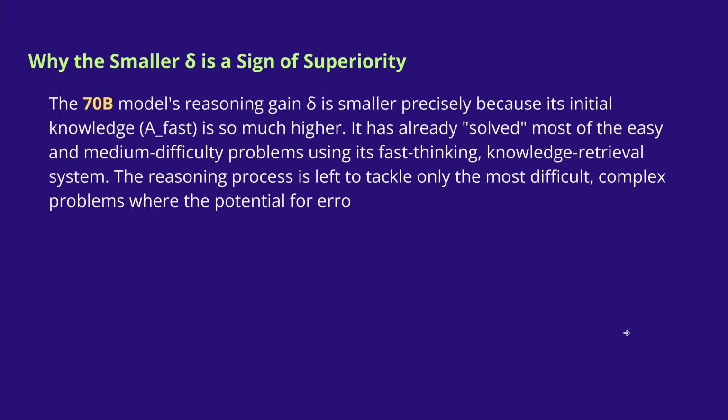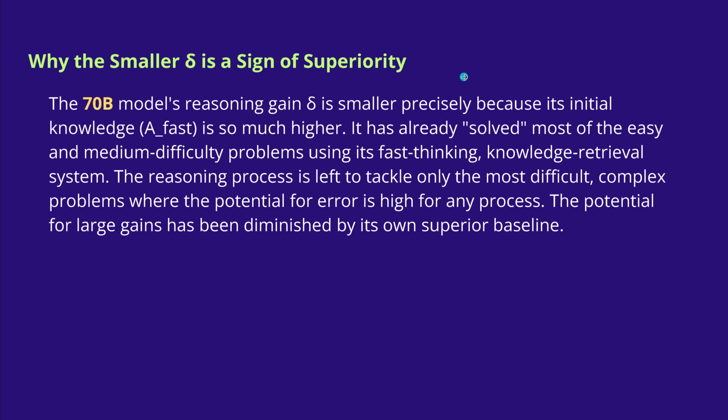And then I noticed that I made a mistake in my human reasoning. The 70B model reasoning gain delta is smaller precisely because its initial knowledge, you remember, the accuracy of the fast thinking, is so much higher, 81%. So it has already solved most of these easy and medium difficulty problems, these low complexity levels, using its type 1, its fast thinking mode, so the pure knowledge retrieval system.